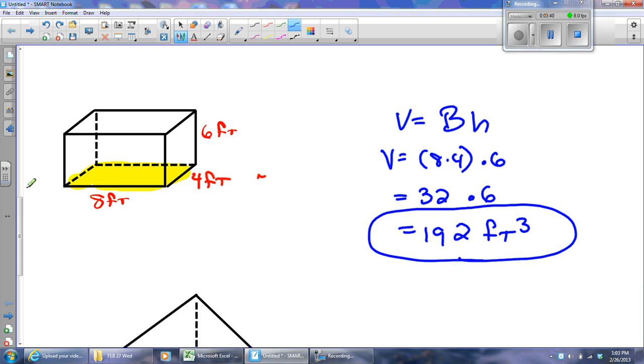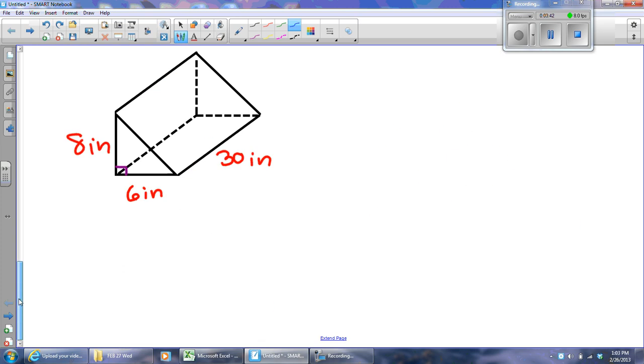All right, we're just figuring out volumes. On this one, I have a triangular prism. Well, I'm going to go ahead and highlight the base, which is not the side it's resting on. It is a triangle. If you're wondering, the two bases are parallel. Okay? And remember, I like to think about this as a whole bunch of triangles stacked up on top of each other.